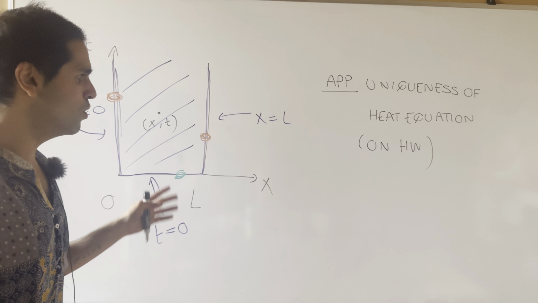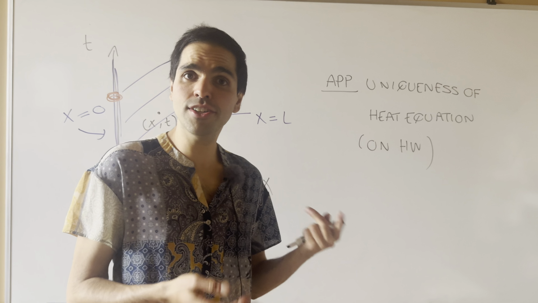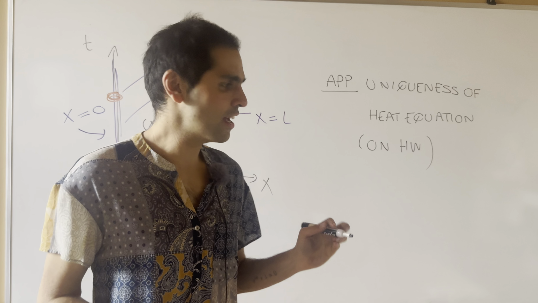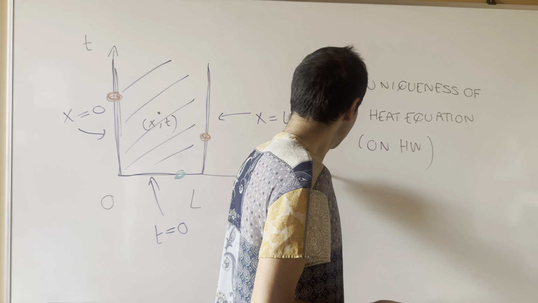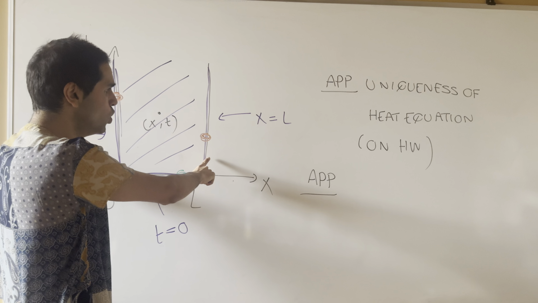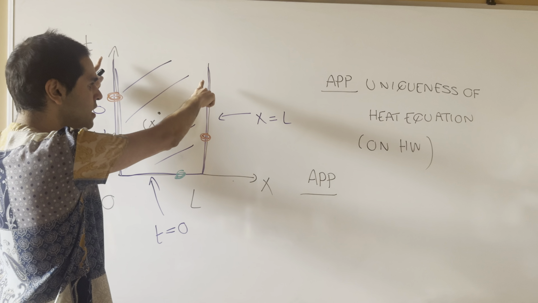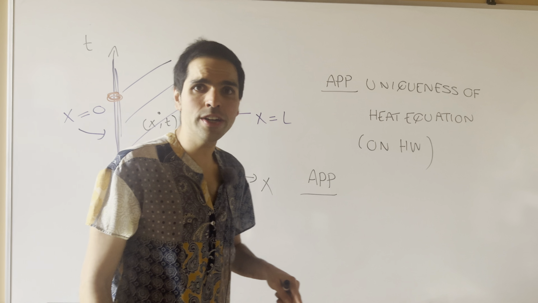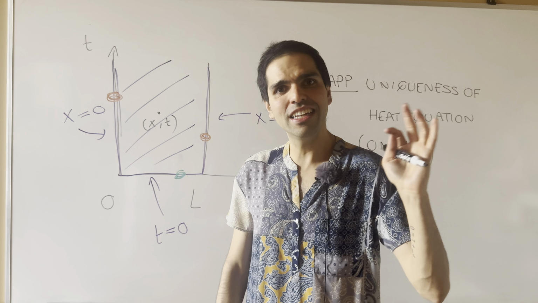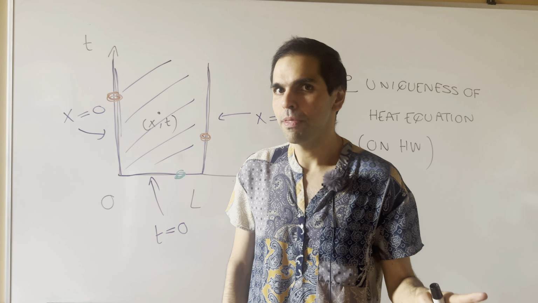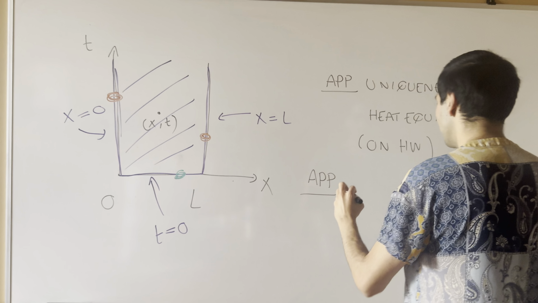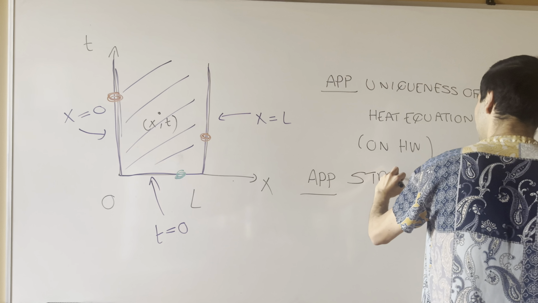And also, not quite an application, but related, you may wonder, what about the strong maximum principle? So, is it still true that the max and min is only on the boundary and not inside? Unfortunately, it's not quite true, but there's something related that is correct. So, strong maximum principle.